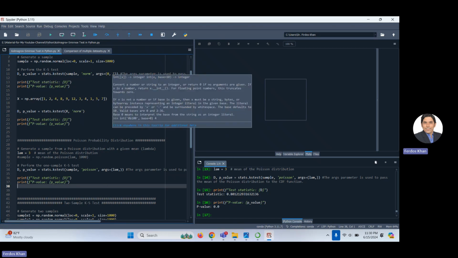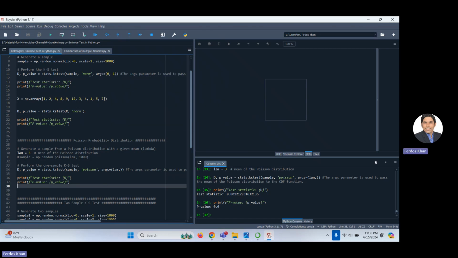We already tested, and it was accepted with a much higher probability, the p-value was approximately equal to 1, that was 0.99. So this means that this data belong to the normal distribution and not the Poisson distribution.